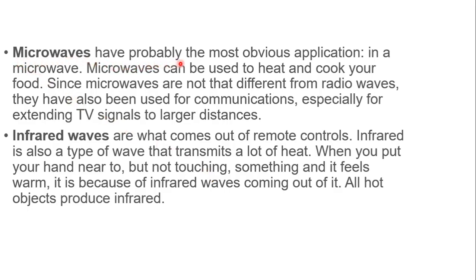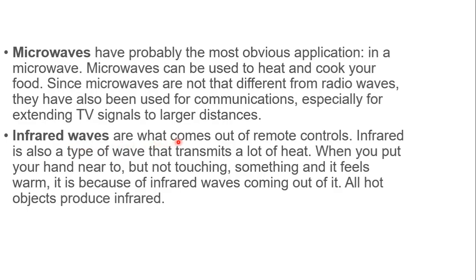Microwaves have probably the most obvious application in a microwave oven. Microwaves can be used to heat and cook your food. Since microwaves are not that different from radio waves, they have also been used for communication, especially for extending TV signals to larger distances.